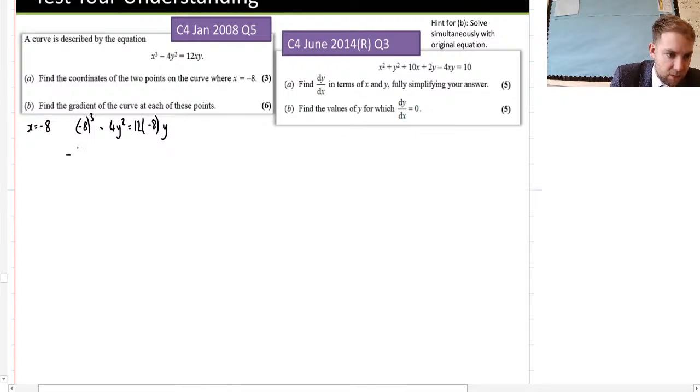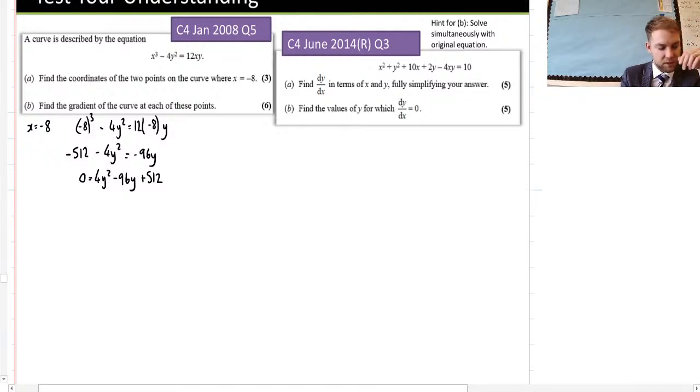So -512 minus 4y squared. So 12 times by -8 is equal to -96, so that's equal to -96y. So let's take everything over, make it equal to 0. So 0 is equal to 4y squared minus 96y plus 512.